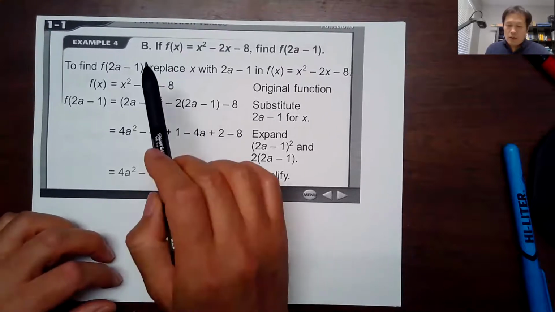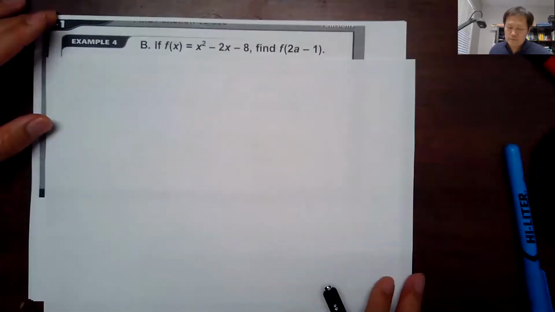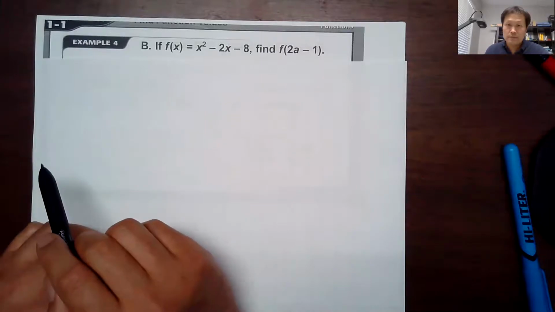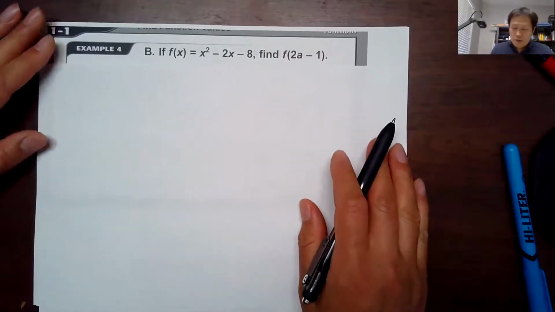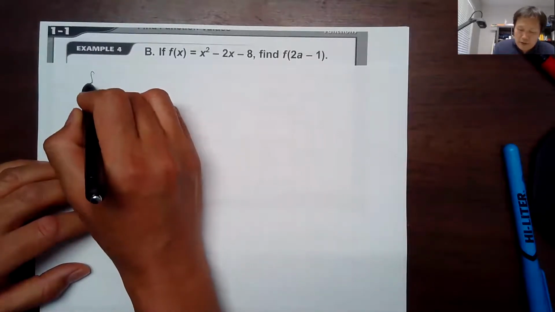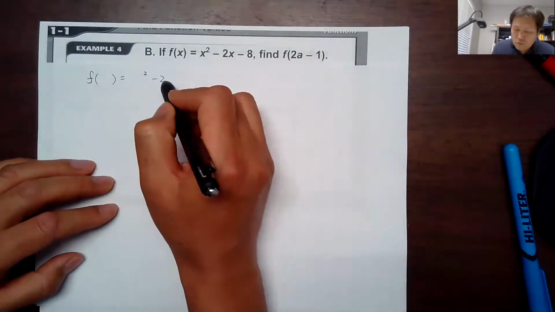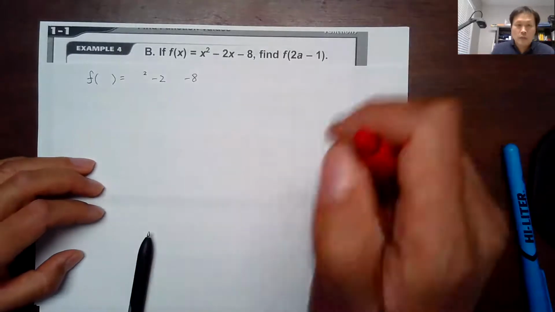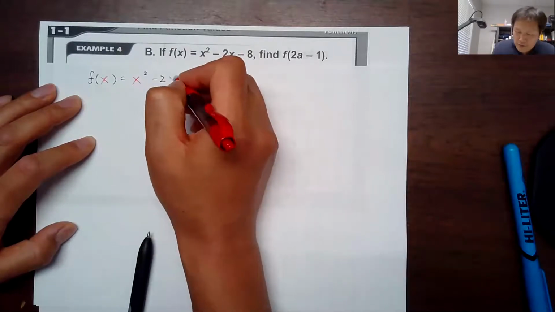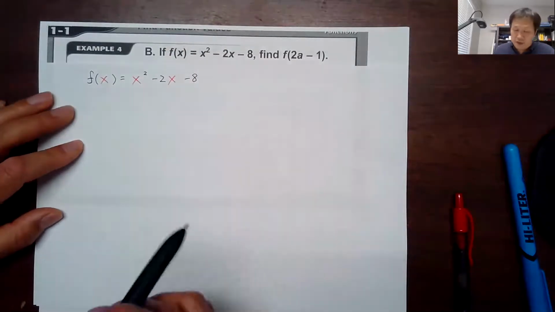Okay, so this is the question here. If f of x equals this, find this. Let me demonstrate this with a color pen here. So if f of x equals x squared minus 2x minus 8, that's the condition provided.